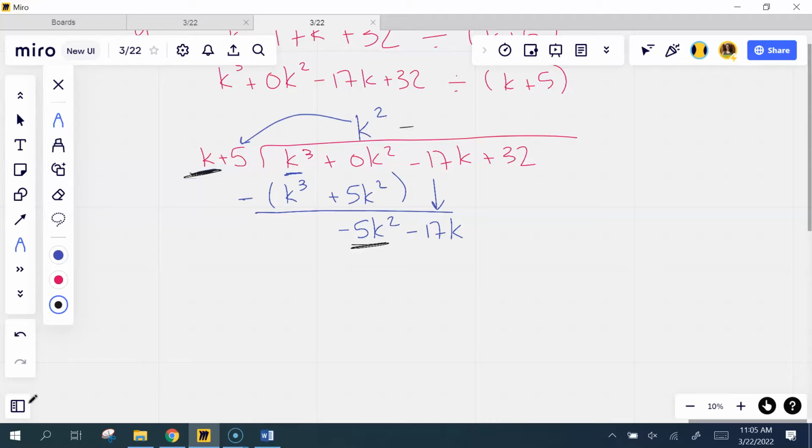So I go to the k column and I write negative 5k. Now what? Don't subtract yet. Multiply around. That's exactly right. Now be careful because I'm multiplying by a negative 5k. So negative 5k times k. And negative 5k times 5.